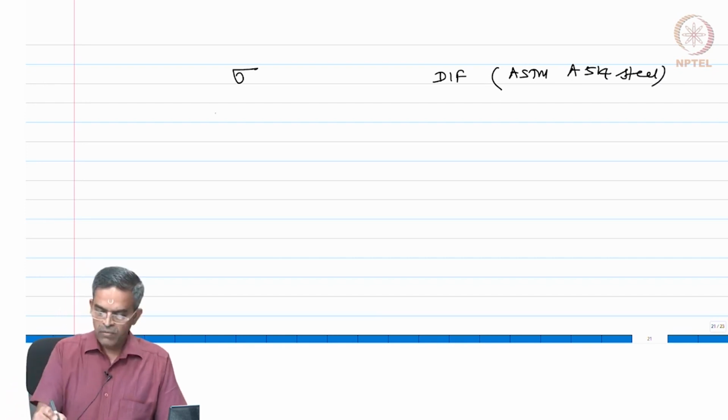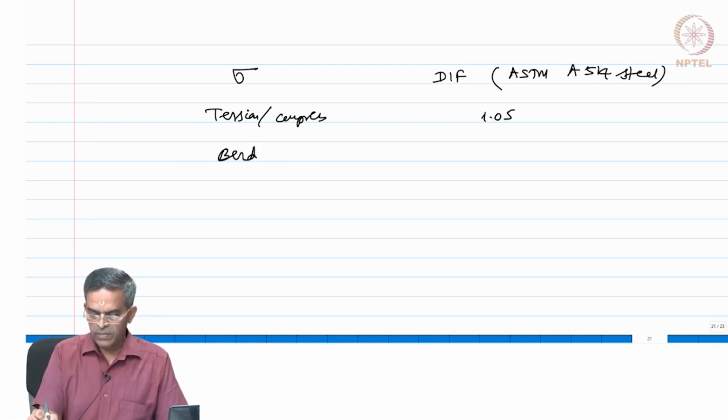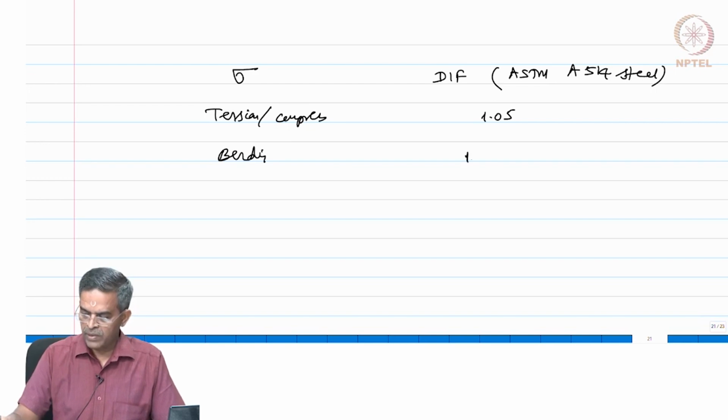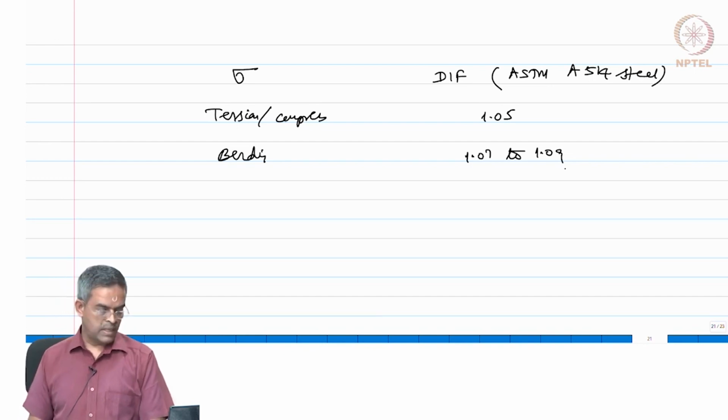It says for tension and compression, it suggests 1.05, and for bending, that is flexure, it suggests 1.07 to 1.09. So, that is about 10% increase in the dynamic strength.